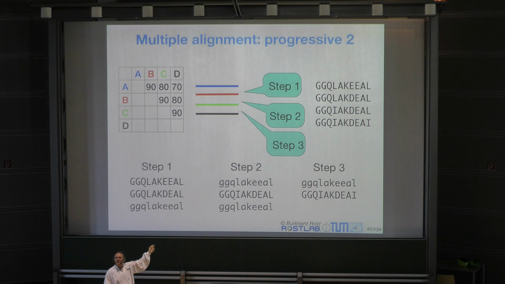In the one before, I showed you a different way of doing it. Whether you do the first 2 and the second 2 and do consensus and then do consensus of consensus, or you do the first 2, do consensus, take the consensus and do the third in there. Those are alternatives. It's the same idea, just a slightly different way of doing it. But there is no other way of doing it. You can only do it with the consensus.